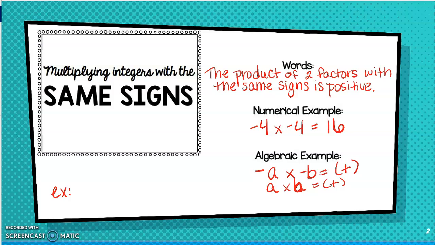Here's an example. 5 times 4, a positive times a positive. 5 times 4 gives us 20, which is positive. They have the same signs, and so our answer is going to be positive. So same signs for negative: a negative times a negative will be a positive, and a positive times a positive will be a positive answer.